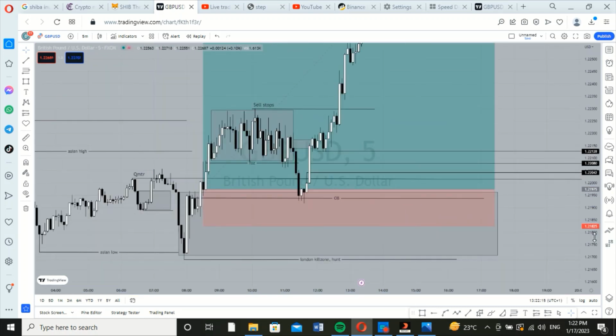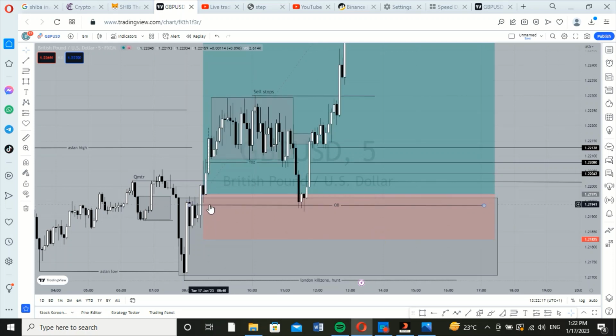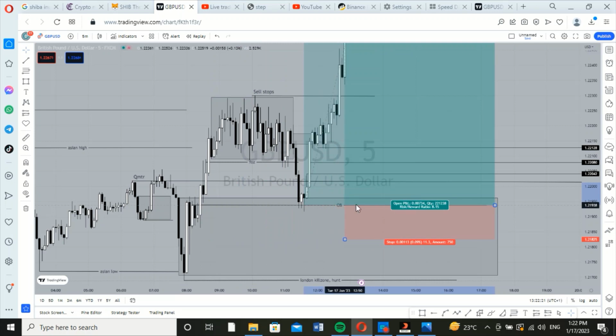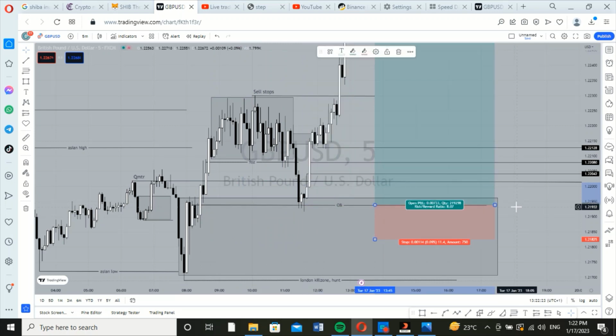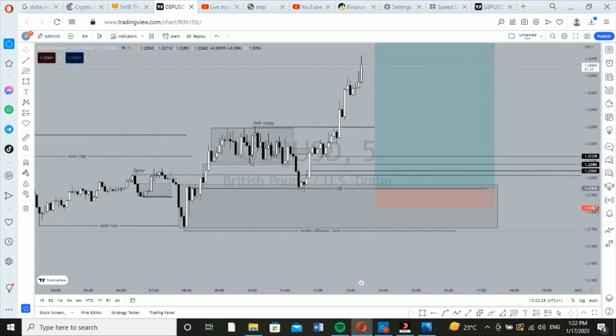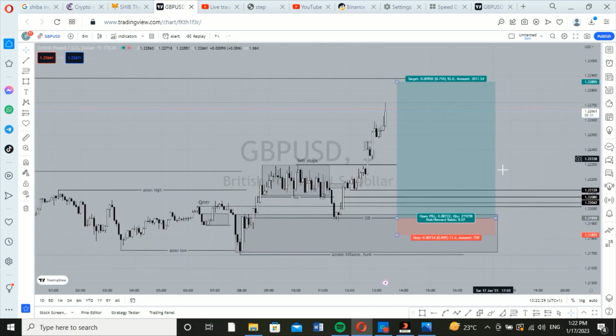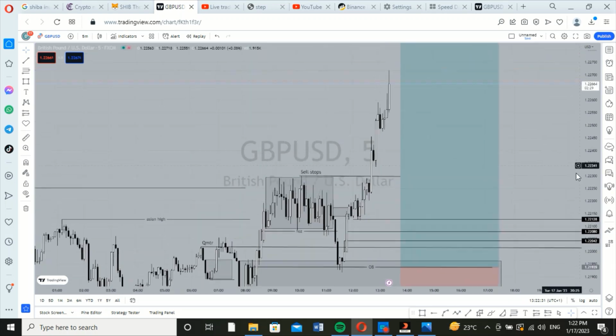Okay, that's the area of the order block, the 5 minutes right here. So if I had the sniper entry, I will take it from there and then target that old Asian high, right?